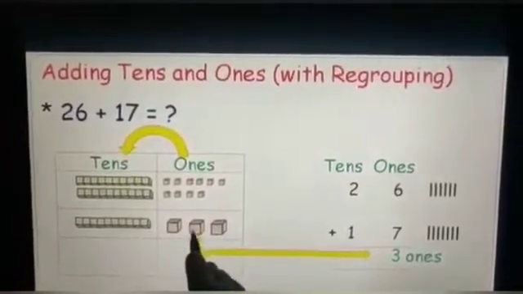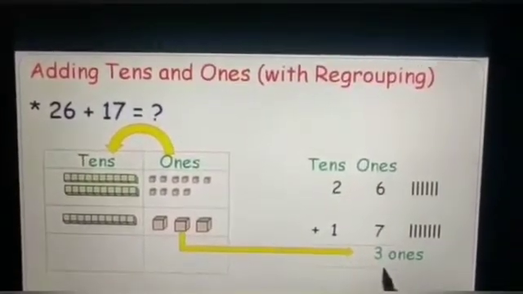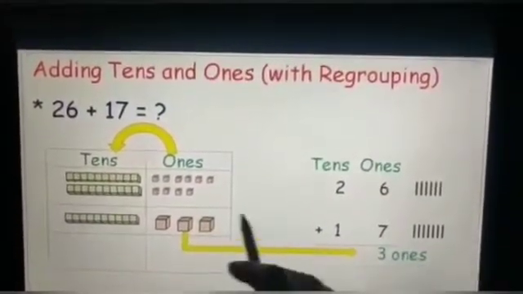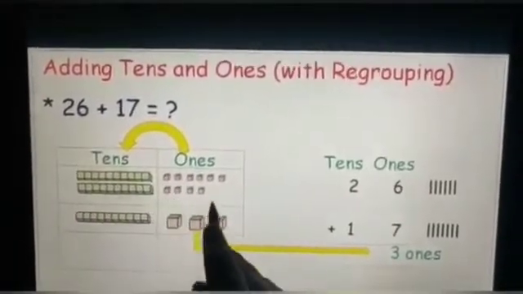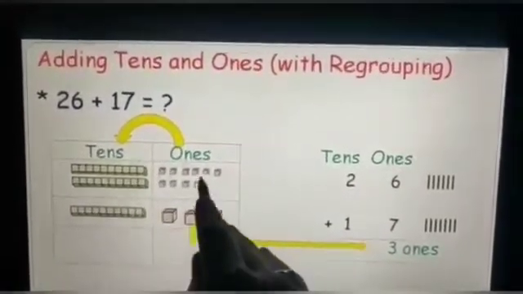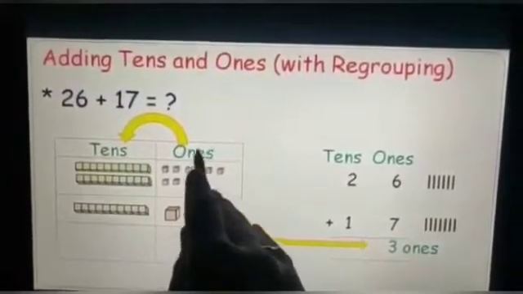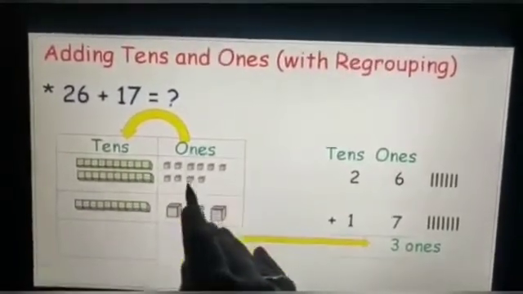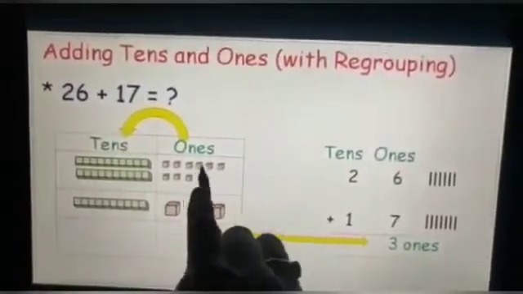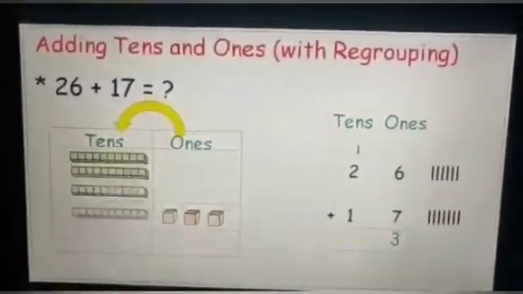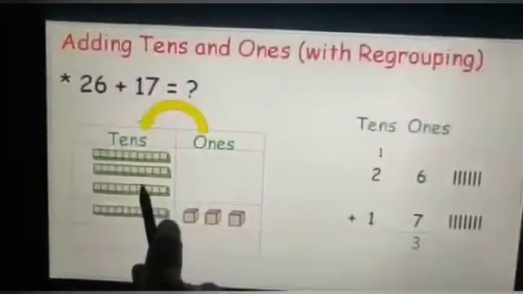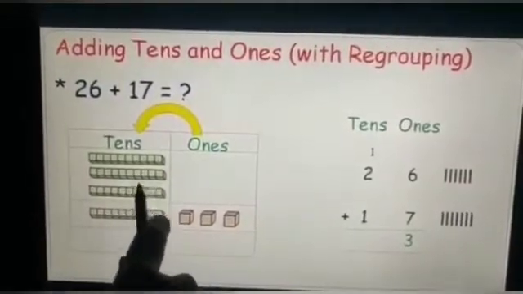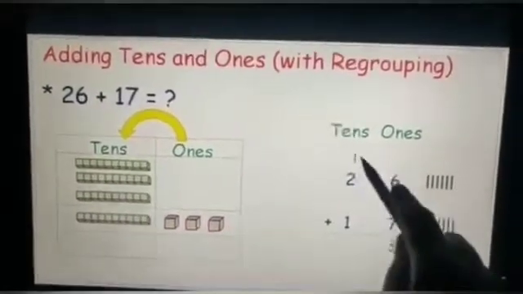So these leftover 3 blocks we will write in the ones column, and the collected 10 ones blocks we will make into a set of 10, and that 10 ones is equal to 1 ten. So here we have one more tens block.